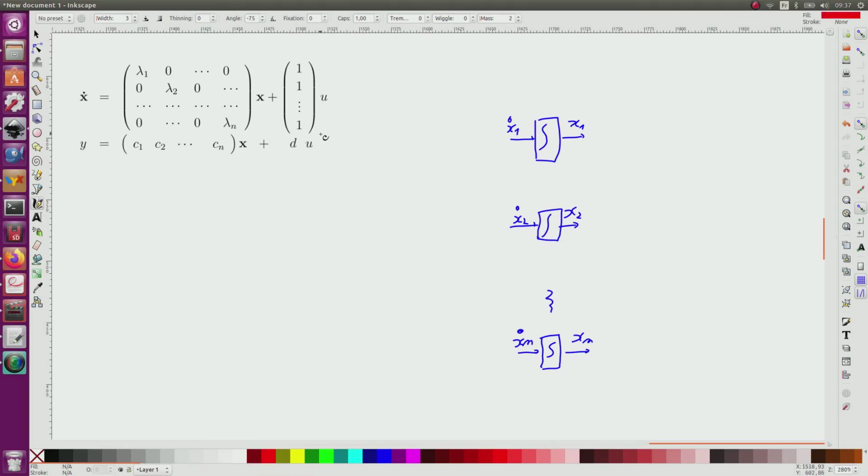I will start with y, so the y is here, and y will be the sum of different elements. So I have an adder here. I will have C1 here, C2 here, due to this and this, and Cn here. All of this will go to the adder.